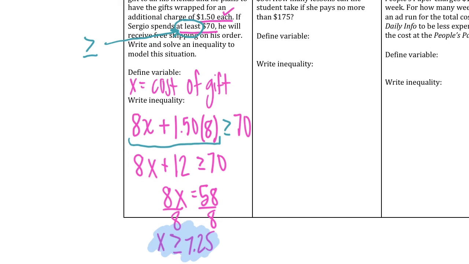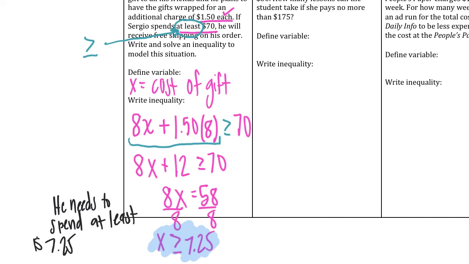Now, I want you to take that and make sure that you're able to put it into a sentence, what it means. What this means in this case is that he needs to spend at least $7.25 on each gift, per gift, to get free shipping.